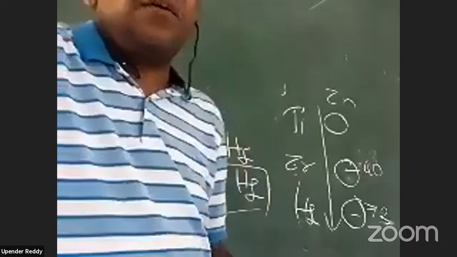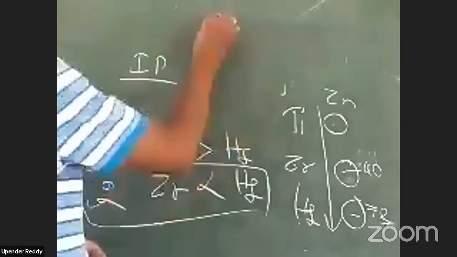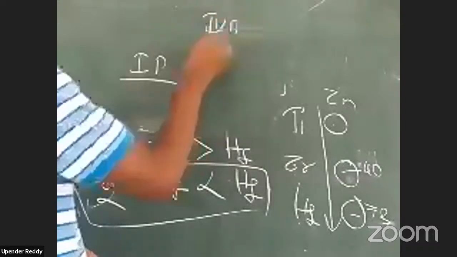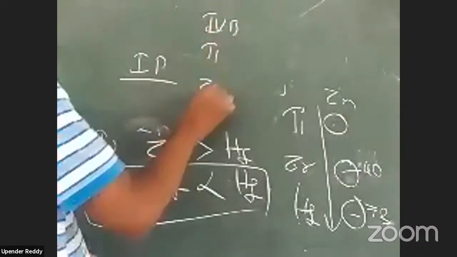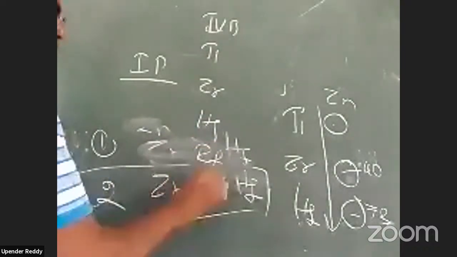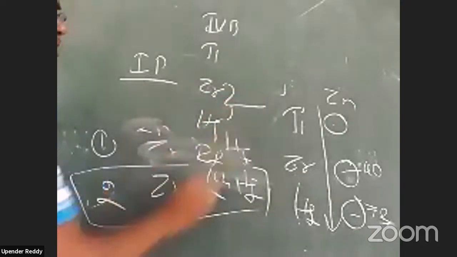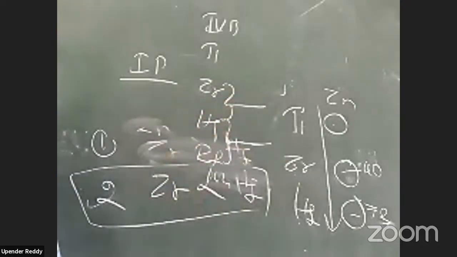Because of that, from the fourth B group, meaning titanium, zirconium, hafnium, and after that Rutherfordium, 104. In this case, from here to here, zirconium to hafnium, it is the lanthanide contraction. From here to here, it is the actinide contraction.